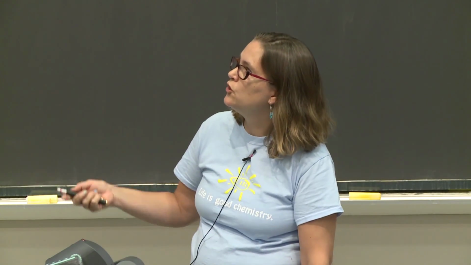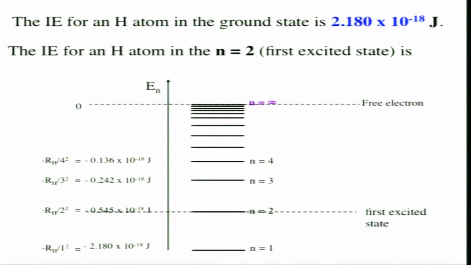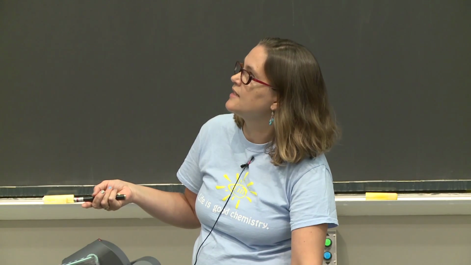All right, so we can do this again for the n equals 2 state, or the first excited state. So here's the n equals 2 state, and now we're going to be talking about this differential energy here. The ionization energy for an electron in this first excited state, again, will be ionization energy equals minus the binding energy for that state.